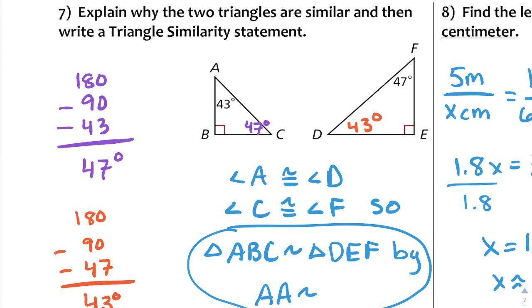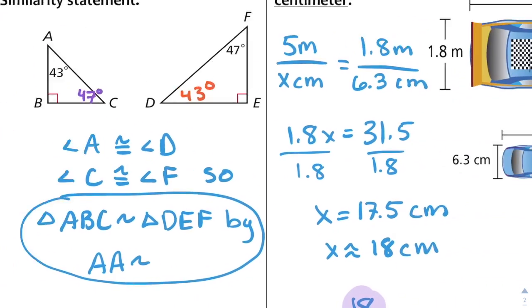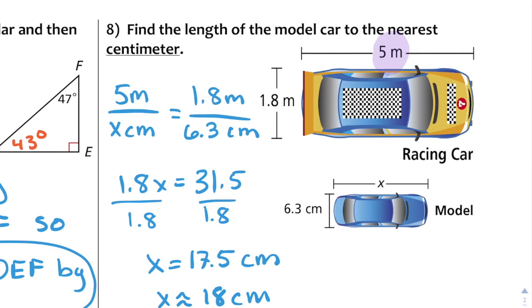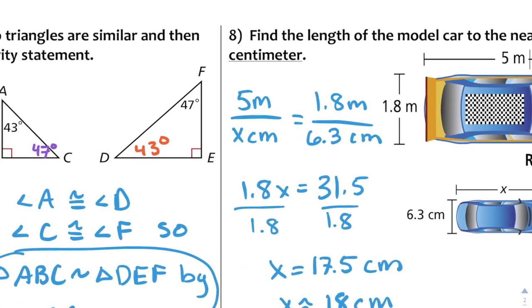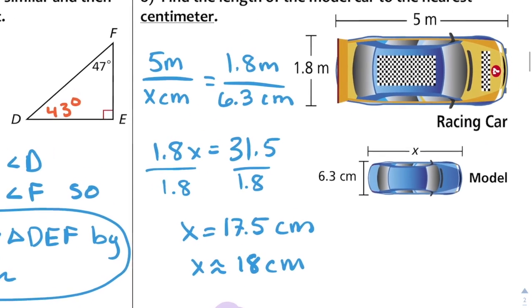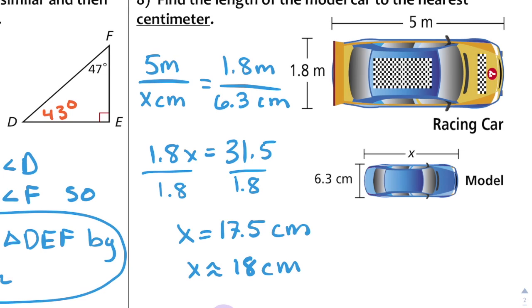That's enough information. Number 8, find the length of the model car to the nearest centimeter. Well, this is given in meters. This is given in meters. This is given in centimeters and centimeters. So when I set up my proportion, I know that everything is given in meters for the top car and centimeters for the bottom car. So my result will be in centimeters when I solve for my x.